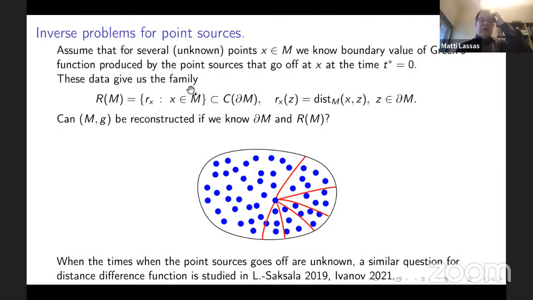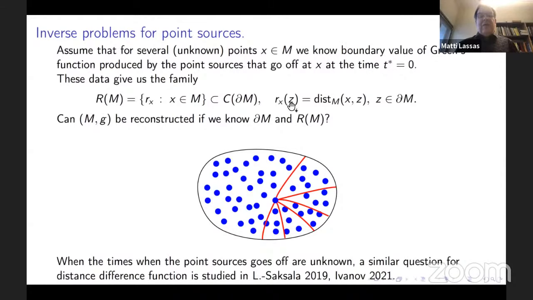Let us assume now that we know that there are lots of point sources inside here, and they go off at some times that we know. Then we have the following problem: for all points x in the manifold M, or at least a dense set of points x, we know the boundary value of the Green's function when the time when the source became active was 0.